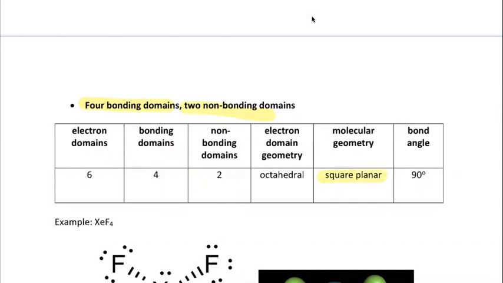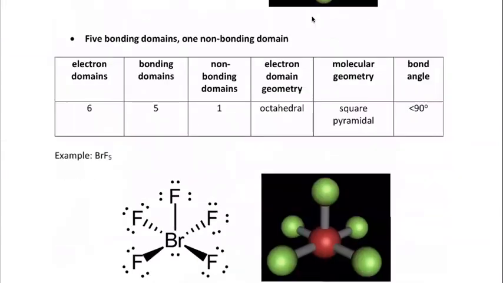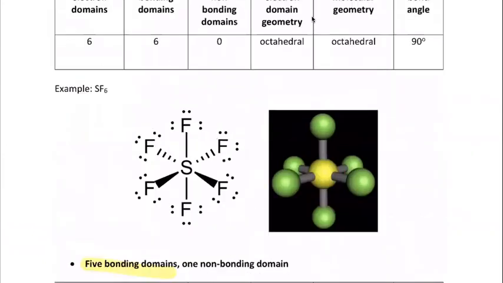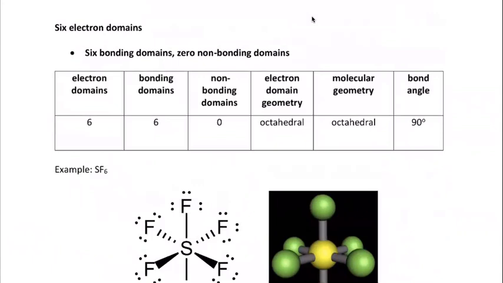For right now, we're just going to talk about the basics, and I'm going to guide you through that practice question today, because this will make more sense when we get to topic 4 and we've covered all these structures. If you have 5 bonding domains, one of the options is square pyramidal. Here's the one with 6 that I mentioned. If it's 6 bonding domains, that's octahedral.